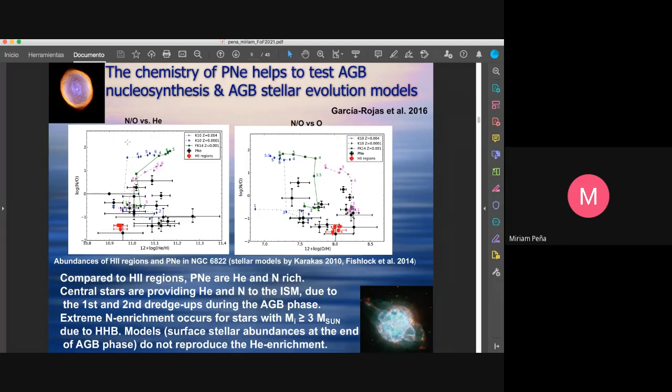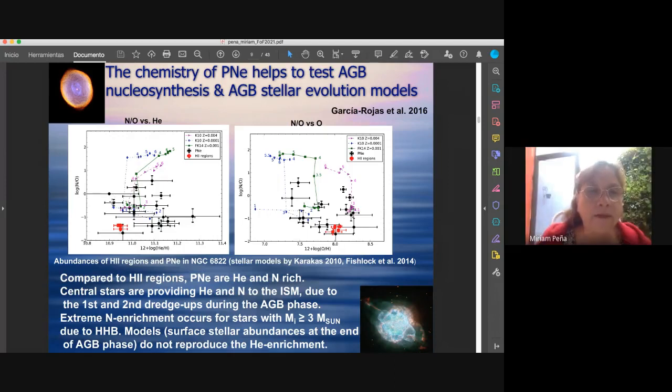In this view graph, we present the behavior of nitrogen to oxygen versus helium in the left one, and nitrogen to oxygen versus oxygen in the right one. And we are showing the H II regions, the abundances of H II regions in NGC 6822, the same galaxy as before.